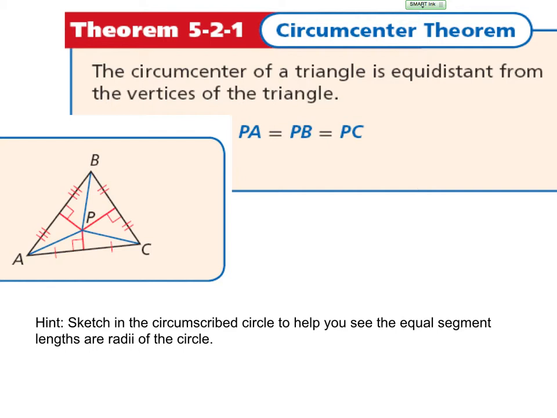Remember, it was 1 perpendicular bisector at a time. Equidistant from the circumcenter to each vertex.